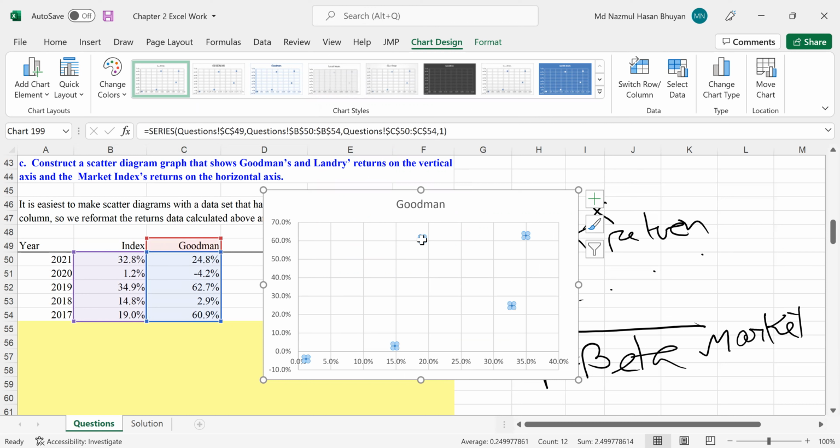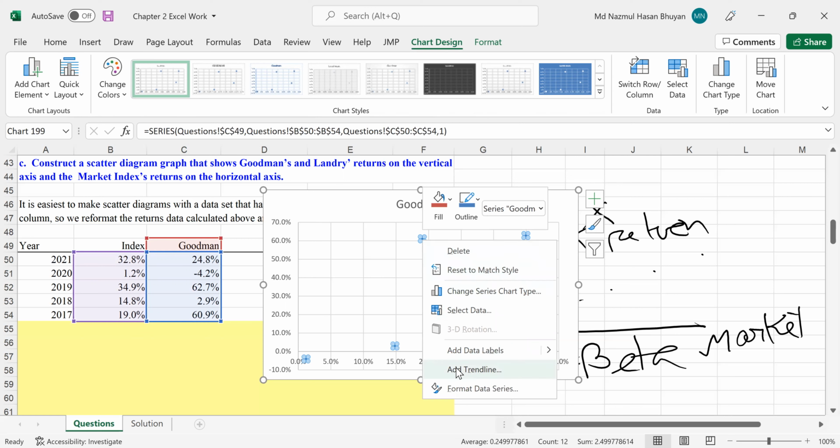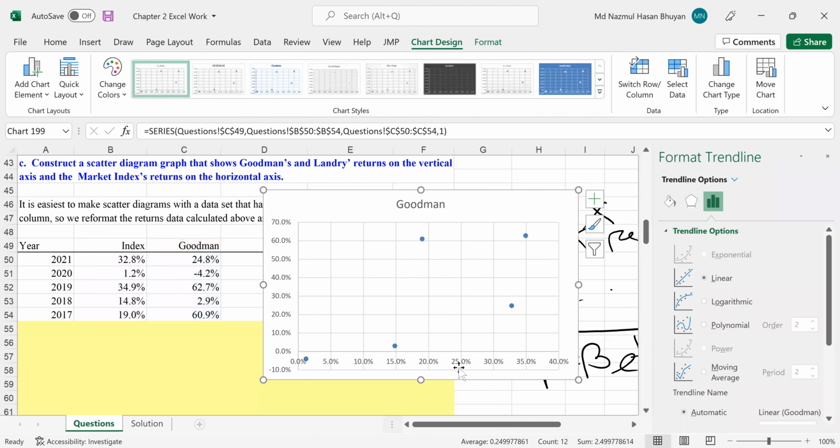Now we are gonna draw regression line. So first, choose any point in this scatter plot, and then hit the right button of your mouse. Then from there, choose add trend line.